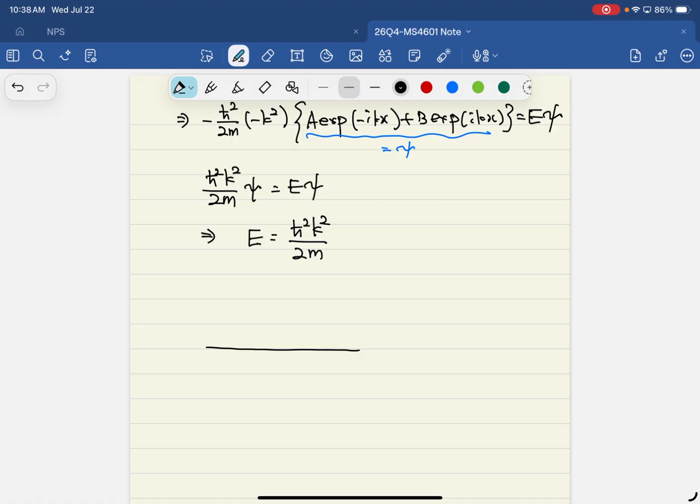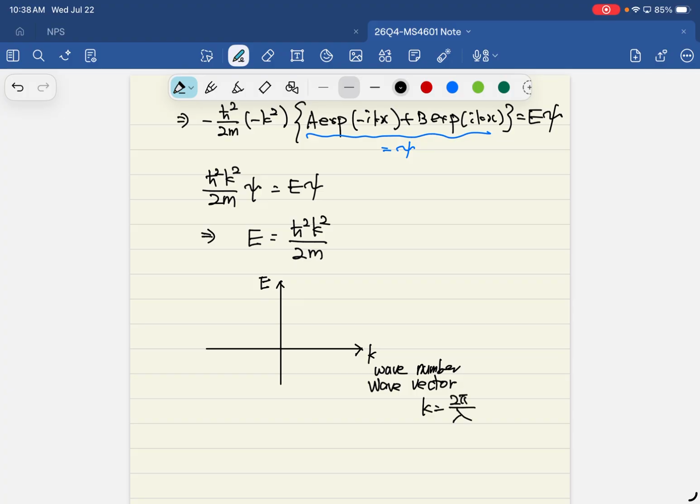Energy is a very important physical parameter. So now we can express energy in terms of k, right? Because k is wave number, or in 3D domain, we actually call it wave vector, okay?